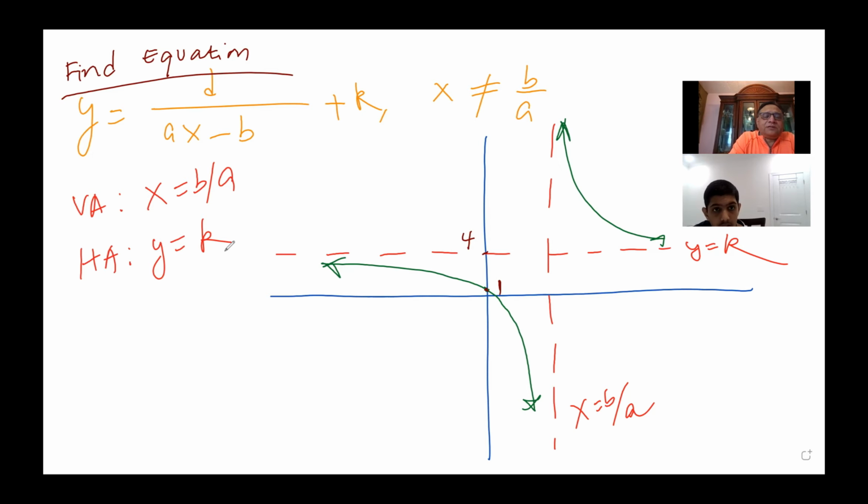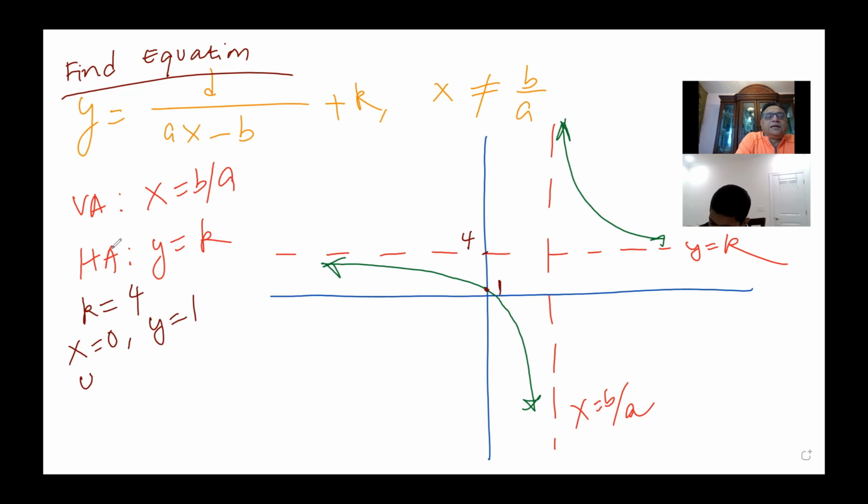Tell me. So keep telling me. We know K is equal to what in this case? 4. 4. And now y-intercept is 1. How will this help you? You can replace Y with 1. But at this point, X is 0, right? So at X equals to 0, Y equals to 1. So let's put this here.